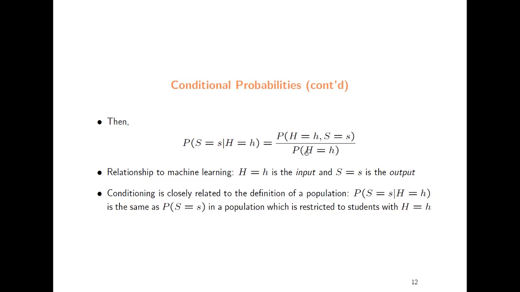Sometimes this is also considered the definition of a conditional probability distribution. But we derived it intuitively. It means I only consider the students with a particular height h, and then I look at the probability distribution of size. And this can be calculated by this formula, which is, again, very, very important. Now here again, height would be the input and size would be the output.